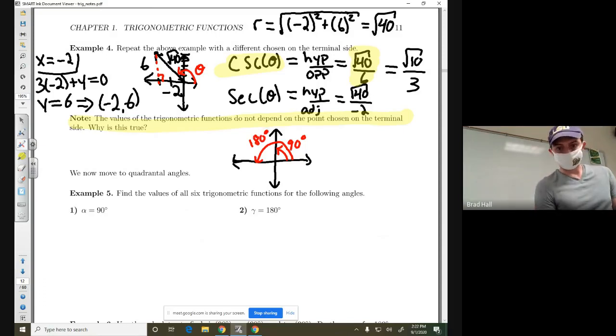And I think you might see where I'm going with this. If you go down to the negative y-axis, that would be 270 degrees, and then the whole way would be 360 degrees. So they go in multiples of 90.